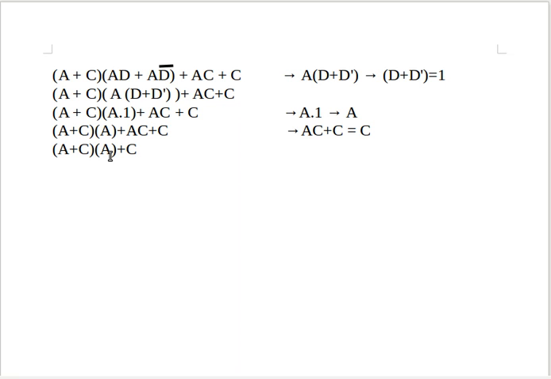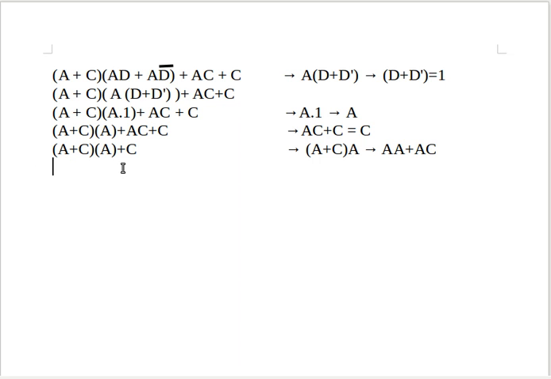Now we can distribute. I can distribute this with this, this with this, and then we'll take care of this. So I'm gonna use the distribution law to say A or C ANDed with A, this equals AA plus AC.